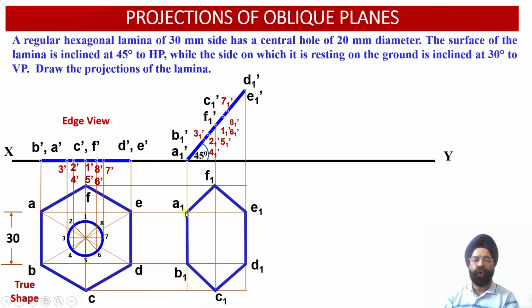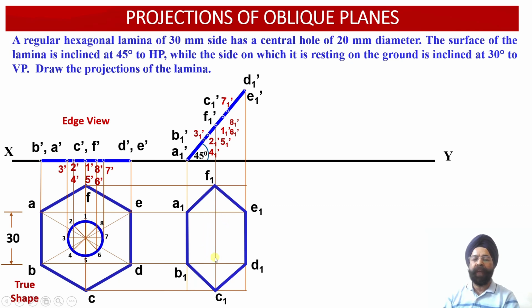So if we join A1, B1, C1, D1, E1 and F1, we are going to get the apparent shape of this hexagonal lamina, which happens to be inclined with respect to the horizontal plane at an angle of 45 degrees.